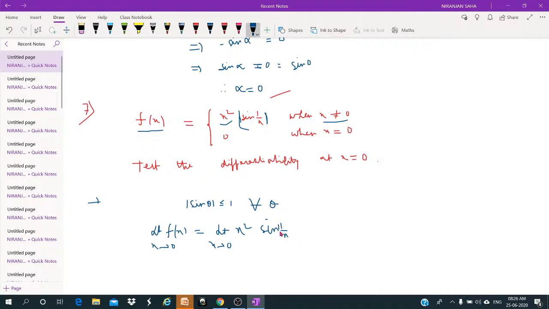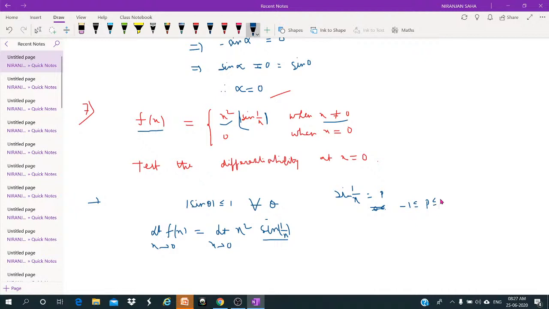We can take sine 1 by x as any value from -1 to 1. We are taking sine 1 by x equal to p, where p lies between -1 and 1.